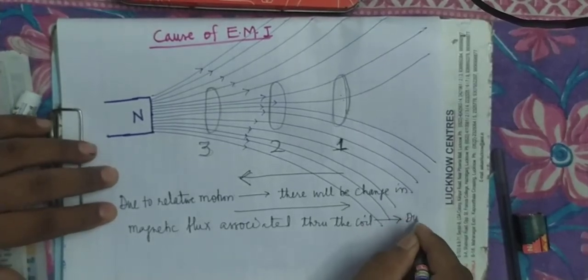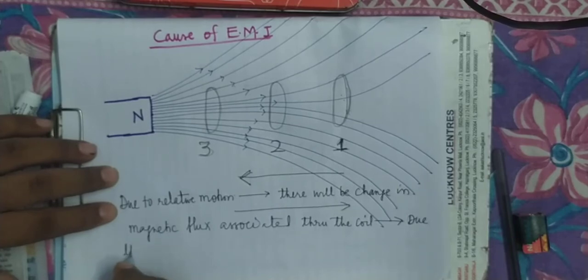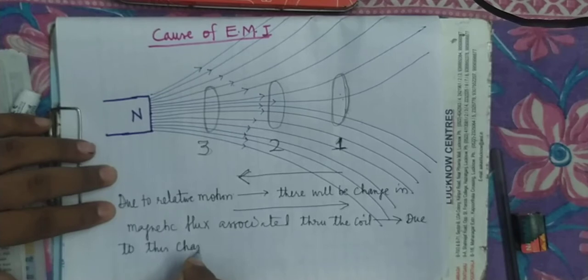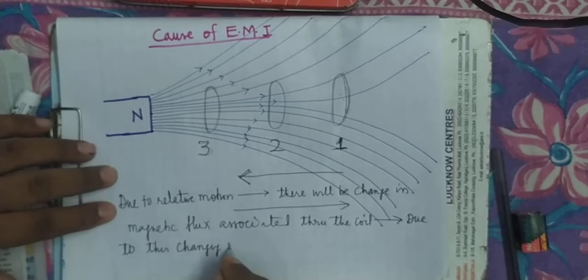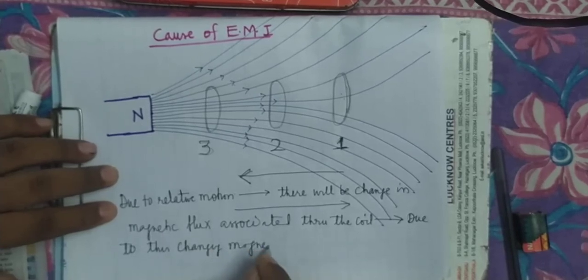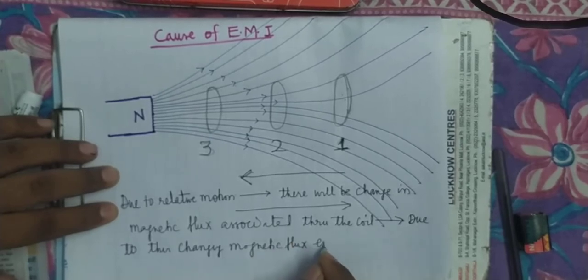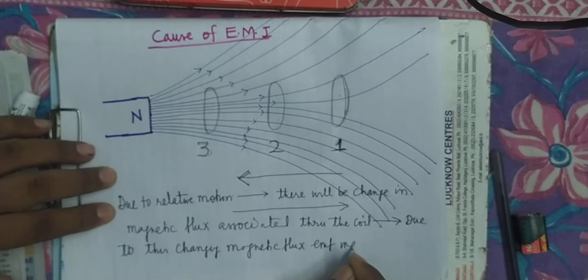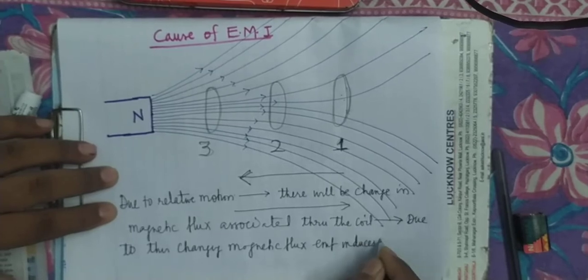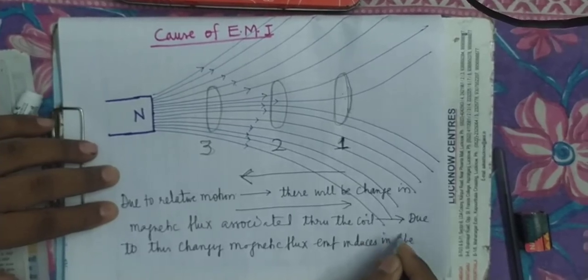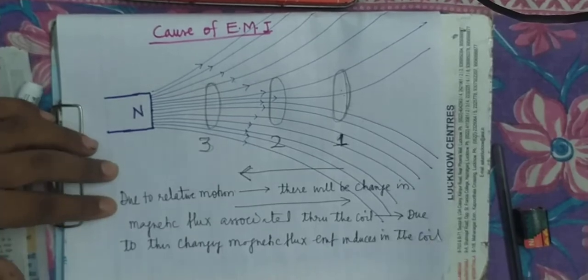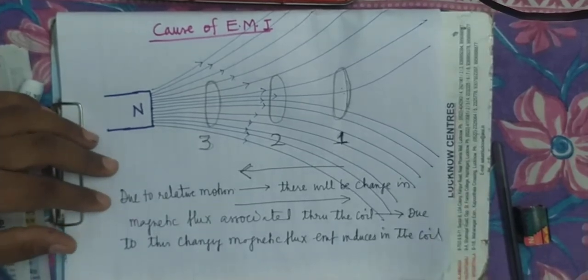Due to this changing magnetic flux, EMF induces in the coil. EMF induces in the coil.